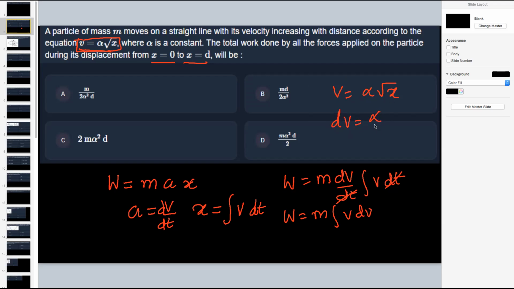Alpha times 1 by 2 root x dx. What is the differentiation of root x?